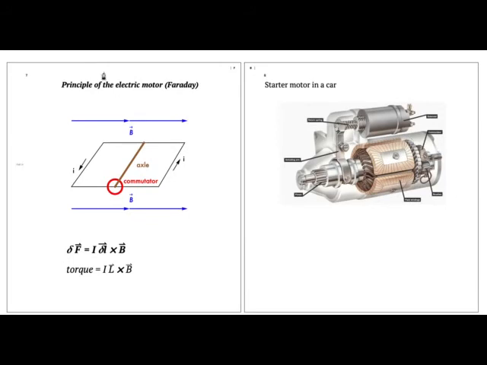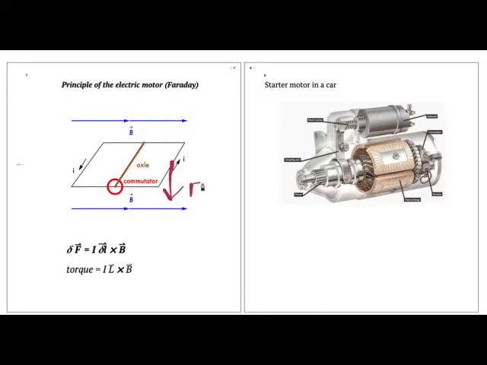Here's the principle of the electric motor. You have a magnetic field, and you have a coil of wire which can rotate around an axle. Well, the direction of the force on this side of the loop will be I cross B. So I points into the page, B points to the right, so I cross B will be this direction.